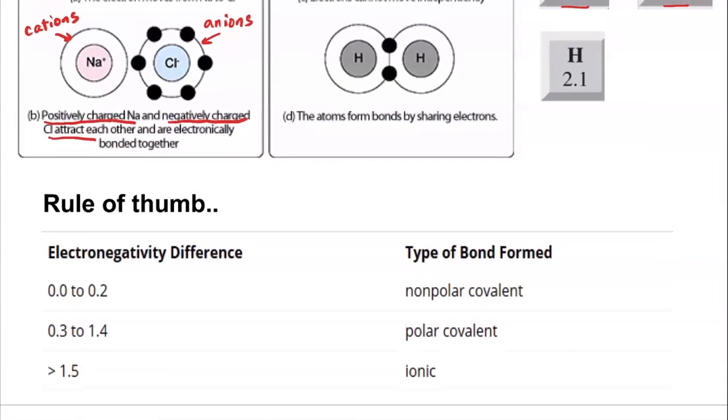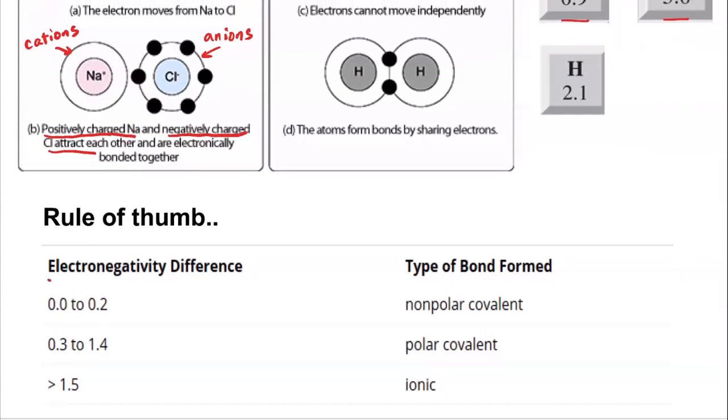The rule of thumb is that if you calculate the electronegativity difference and it is above 1.5, then we say we build up an ionic bond. If the difference is below 1.5, let's say from 0 to 1.4, then they build a covalent bond.